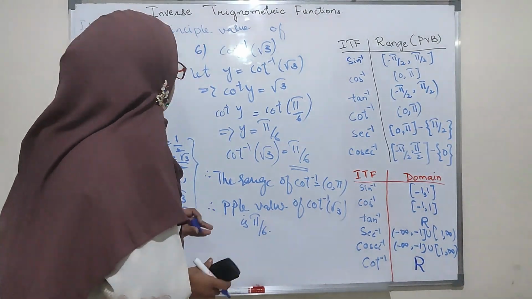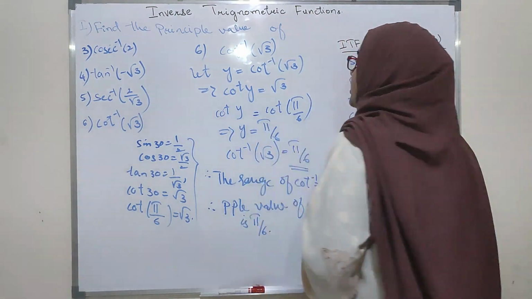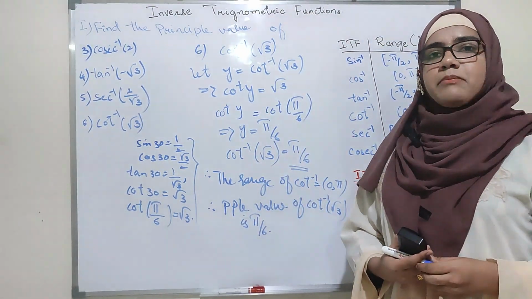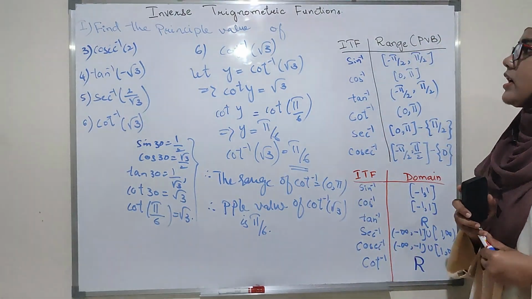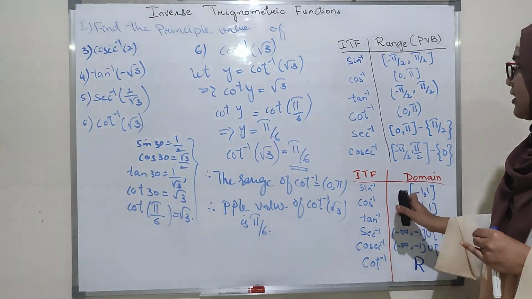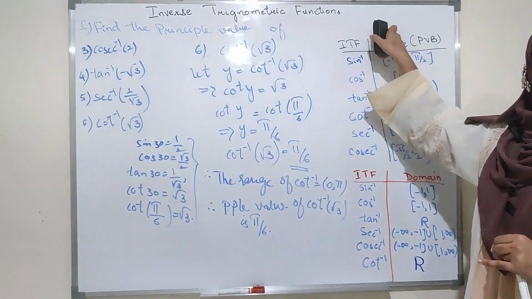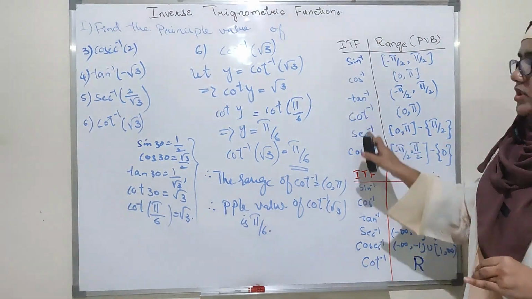Okay, so for the principal values of the given functions, we have taken six examples including all six trigonometric ratios. Here we found the range for the given trigonometric function.